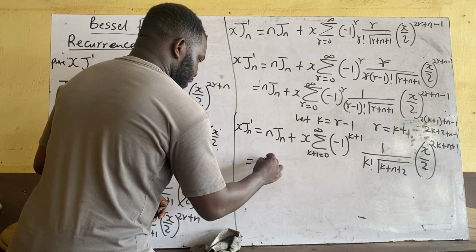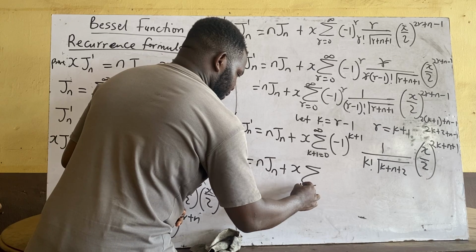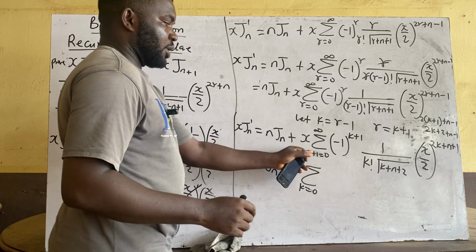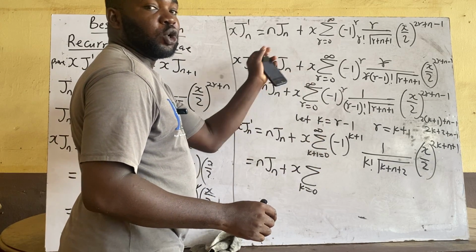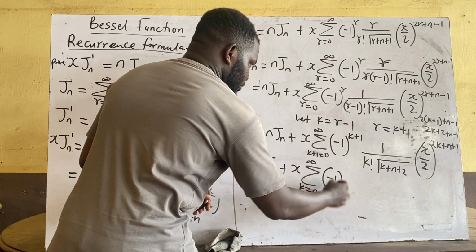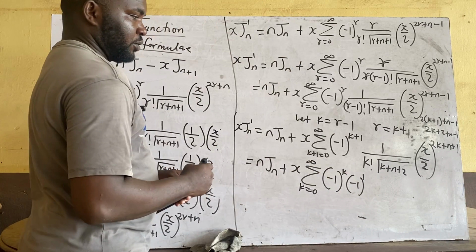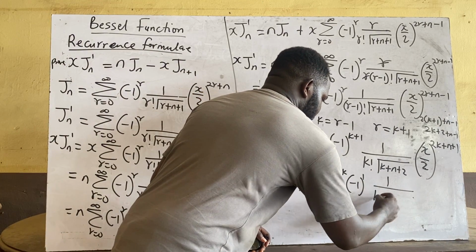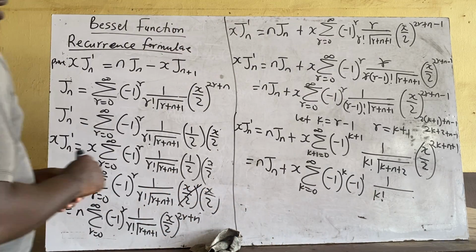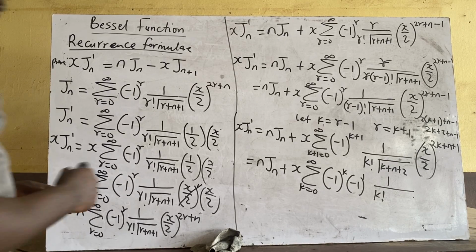This is going to be n J_n plus x, the summation of k starting from 0, because k is equal to minus 1 will not work. From 0 to infinity, you now have minus 1 raised to power k, then minus 1 raised to power 1, separating this one. Then I'm having 1 over k factorial.